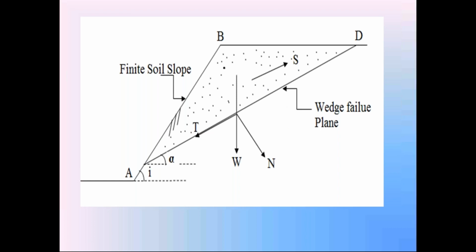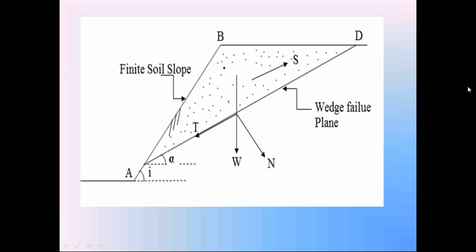That is called the most critical failure surface of this finite soil slope. So in future, this finite soil slope is subjected to failure about that failure surface of least factor of safety. So this is the procedure normally we adopt in the stability analysis of finite soil slopes in wedge failure.